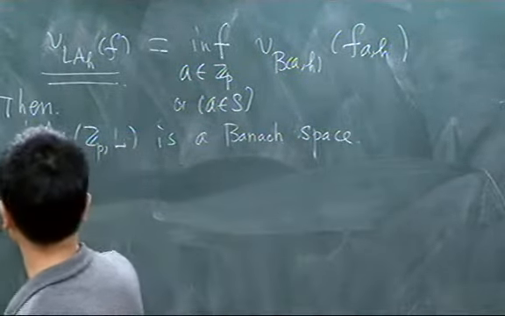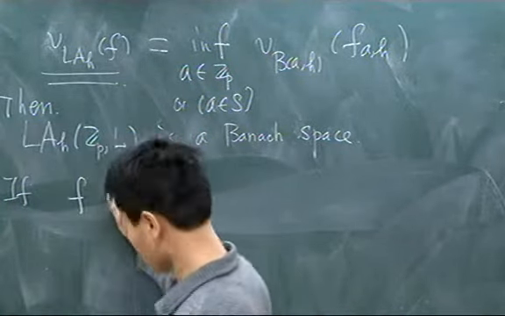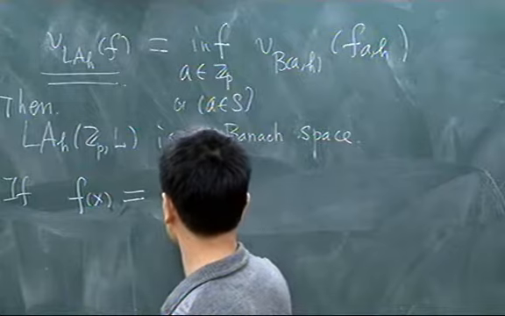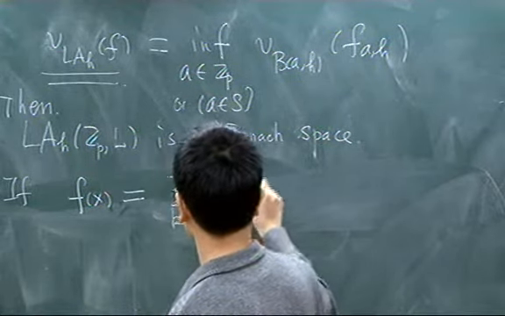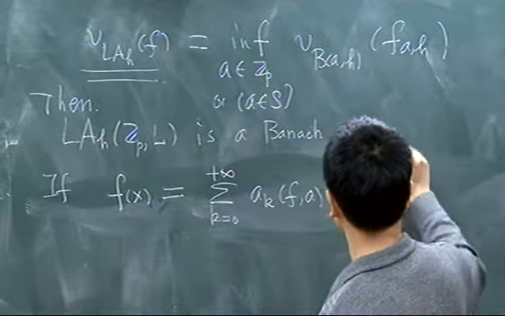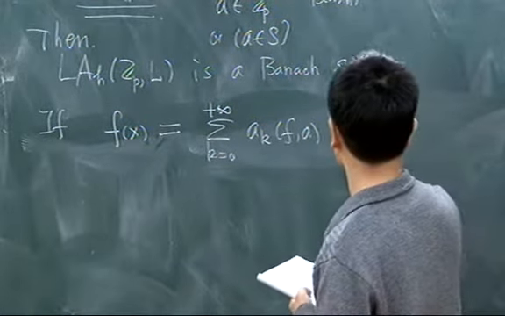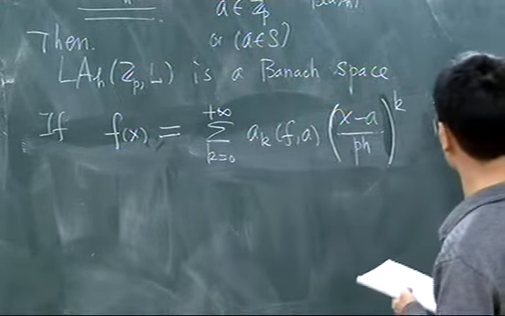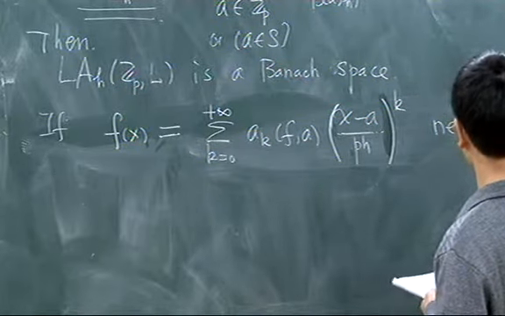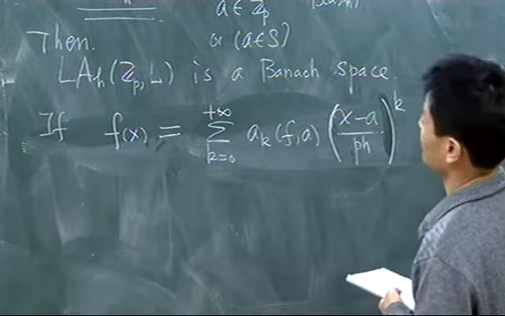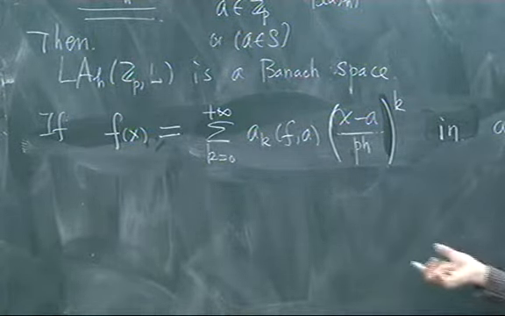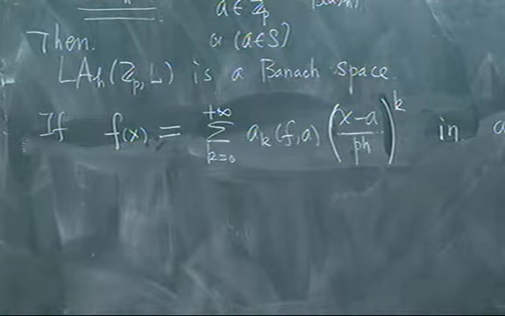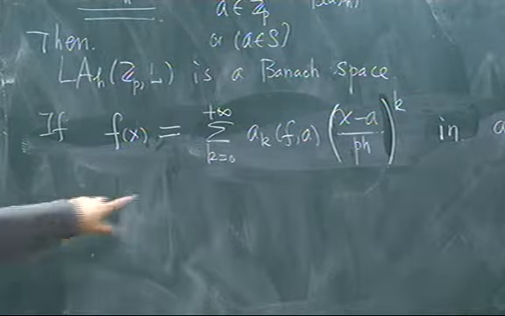We can write a bit more. If f(x) you can write as the sum over k from 0 to infinity of a_k(f, a) ((x minus a)/p^h)^k, because this is the basis near a + p^h Z_p, by the definition, f you can write as this, and this one in this B_{a,h} can be written as this.